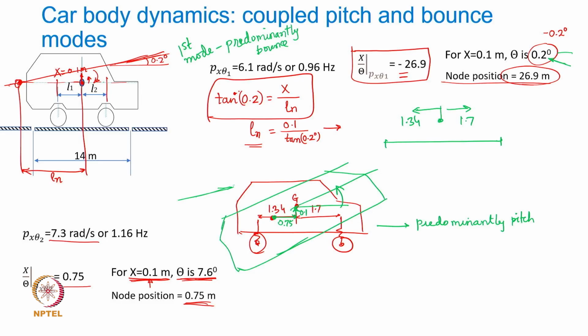There will be a reasonable contribution from both the modes, but it suffices to say here that in one of these modes, it is quite possible that either bounce will be predominant or the pitch will be predominant.